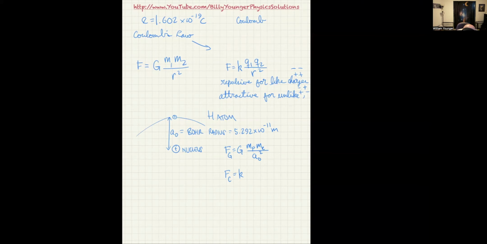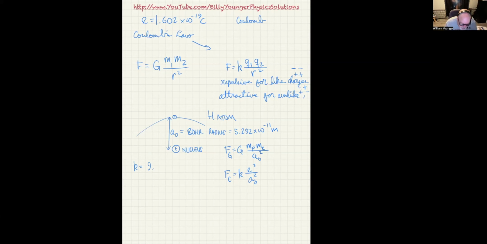And this would be times E squared. I do not plug in my signs of charges in the Coulomb force, and I don't recommend you do either. But it's going to be E squared divided by A0 squared.